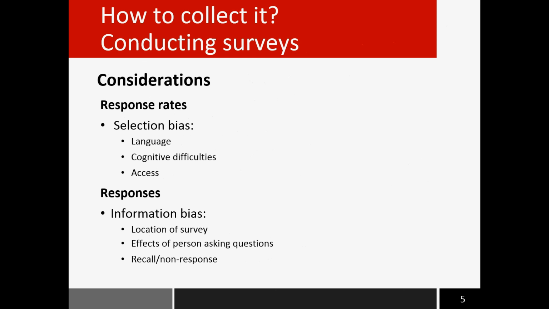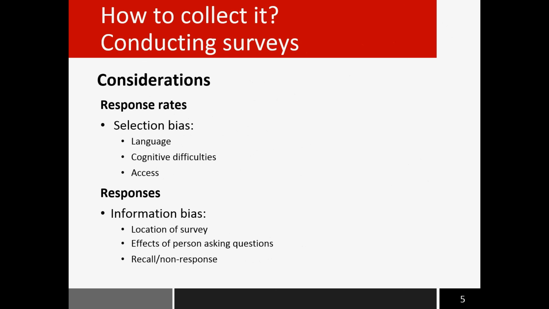Think also about the possible effects of the context in which the survey is completed on the responses that participants give. So someone might give a different response to a question about their medication adherence if they are asked it by their doctor in a routine appointment, to how they would answer it if the information was being given anonymously in their own home, for example.